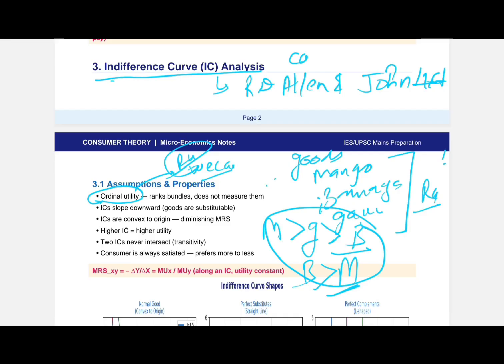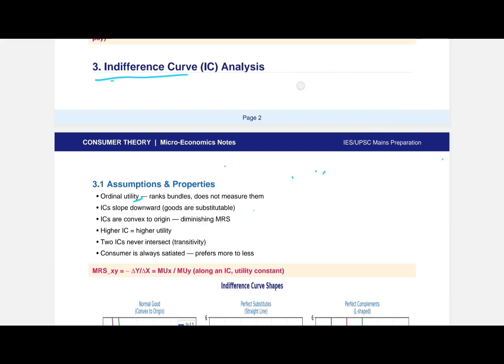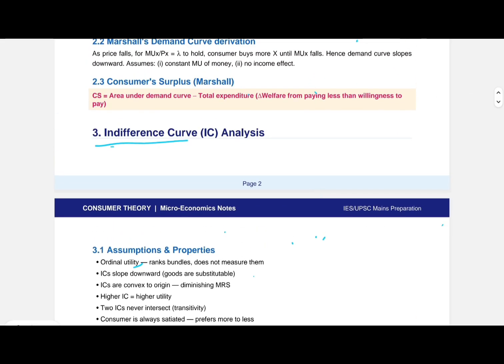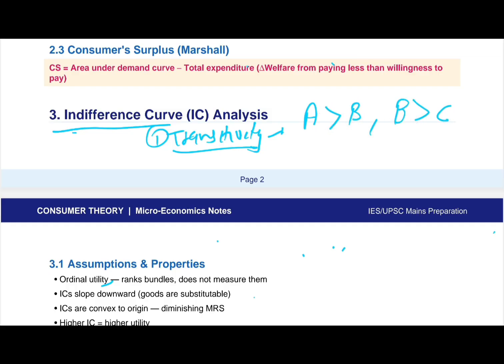And there are some assumptions of it. I guess I haven't written them here, so I will tell you. There are four assumptions of it. The first assumption is transitivity. That means if someone prefers bundle A over B and prefers bundle B over C, then we can't say that the person prefers bundle C over A. This is wrong.